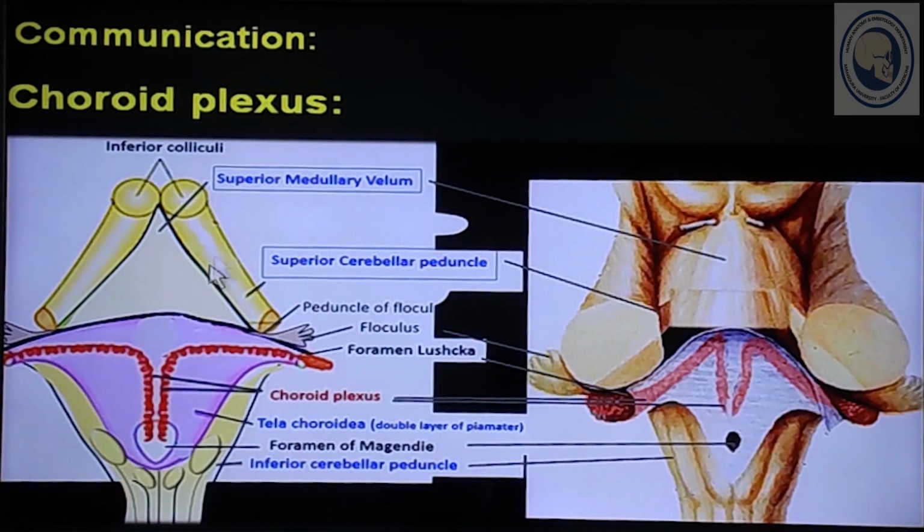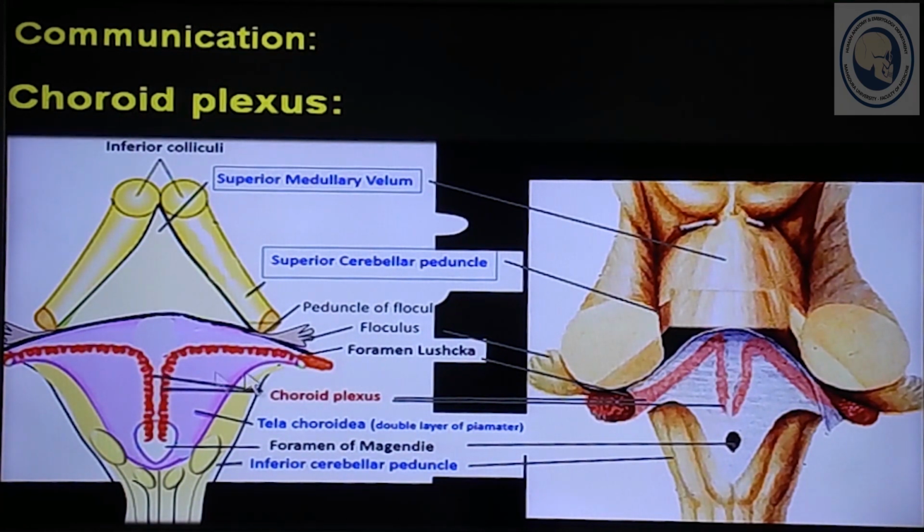The choroid plexus is a structure present in any ventricle for secretion of CSF. The choroid plexus of the 4th ventricle is a T-shaped structure. It has a stem, and this stem is attached to the inner aspect of the roof, and we will know where.